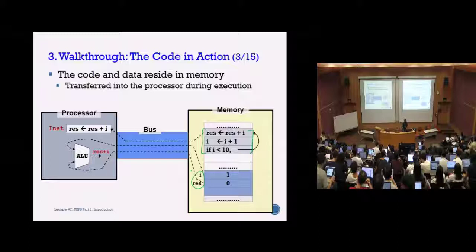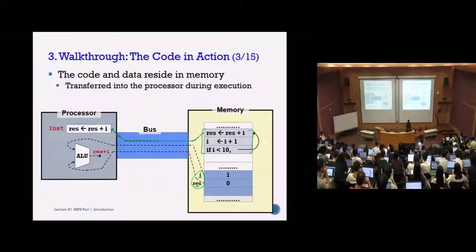So effectively, what are you trying to do? If you look at this arrow here, I want to execute this instruction. In order for me to execute this instruction, I must take these 2 variables, I and result, from my memory and bring them into my ALU within my processor.